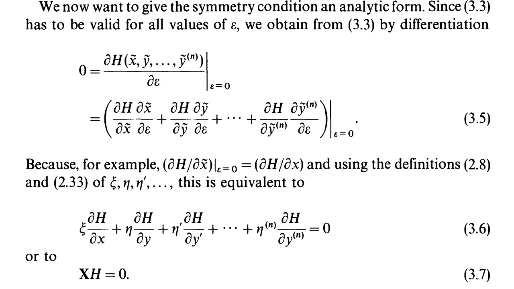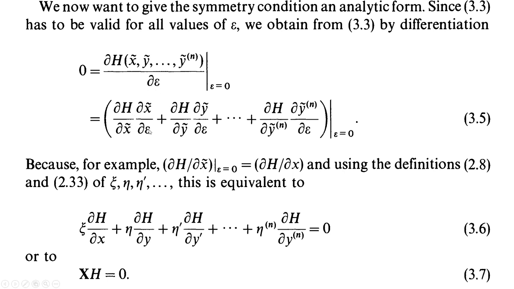Epsilon is a continuous parameter. We all know that the bar x's are the new coordinates, while the unbarred coordinates are the old ones. So these are the new coordinates which vary with respect to epsilon.